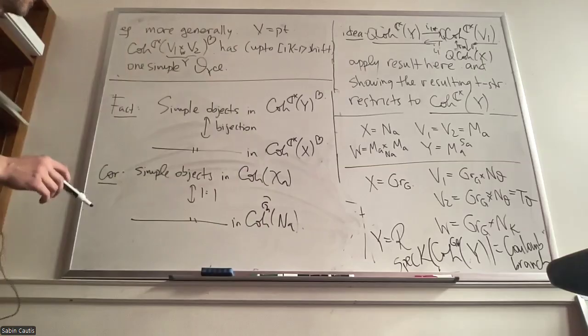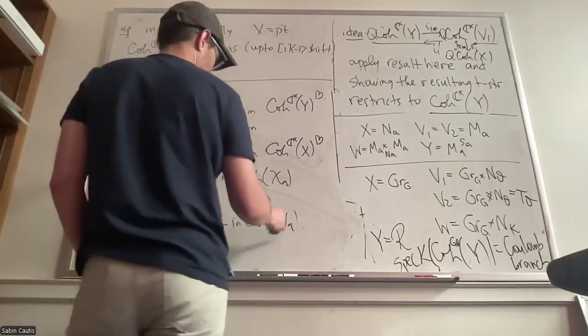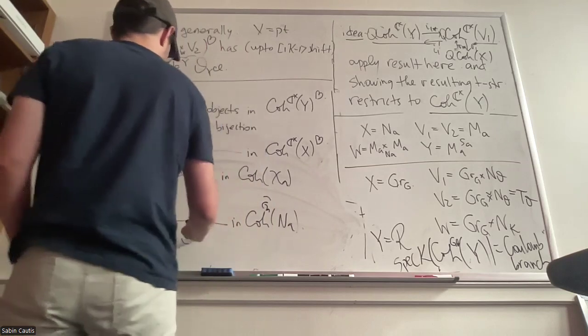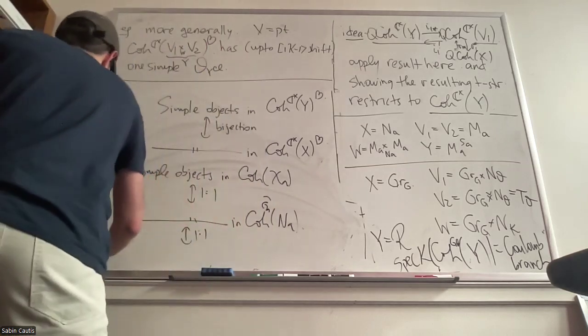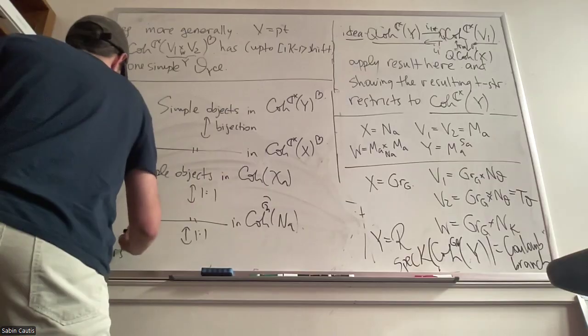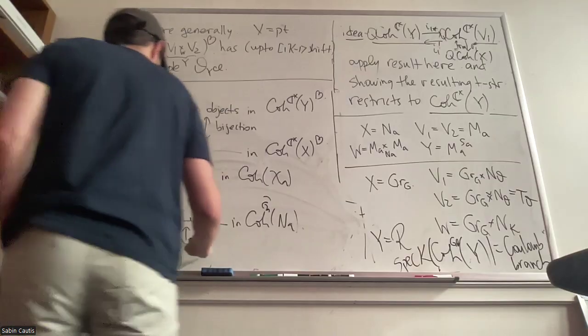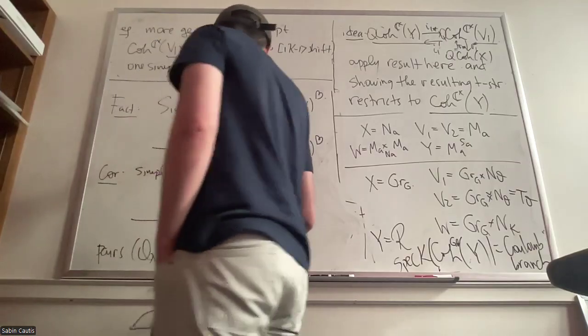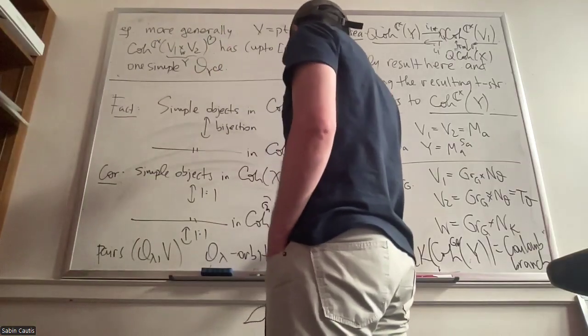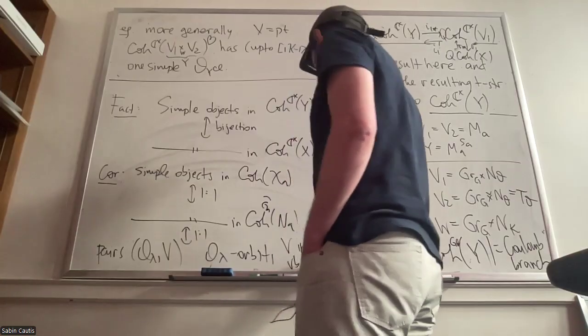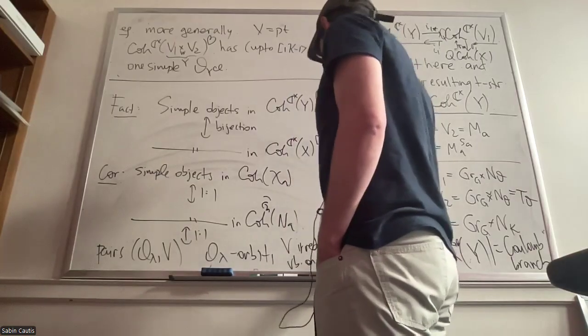And these are in bijection with pairs of O lambda and V, where O lambda is an orbit and V is an irreducible vector bundle on O lambda.